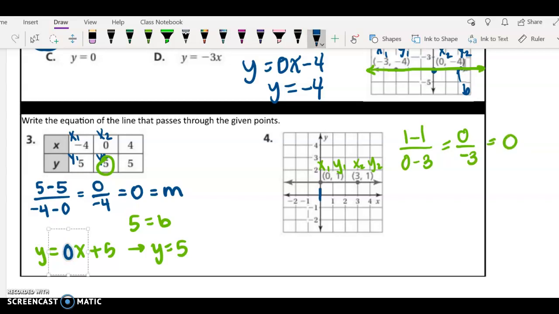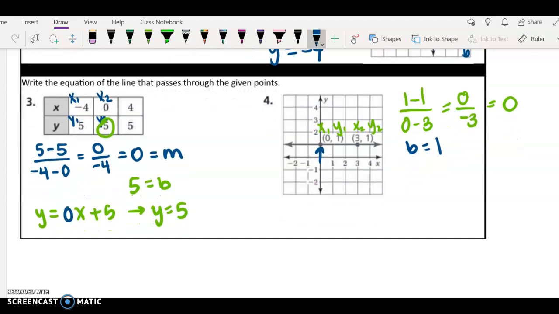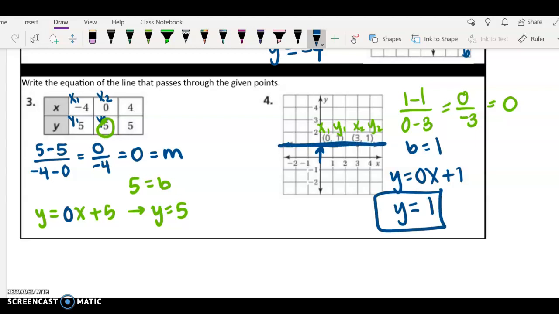My y-intercept is at 1, so b equals 1. So my line is y equals 0x plus 1, which is the same thing as y equals 1. So it's just a horizontal line that runs through that y-intercept of 1.